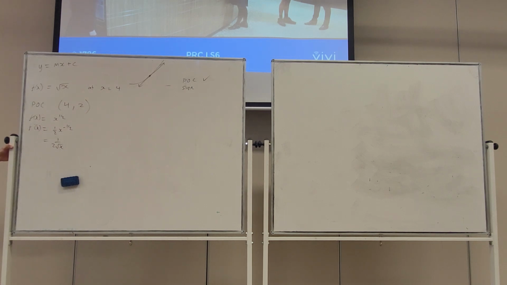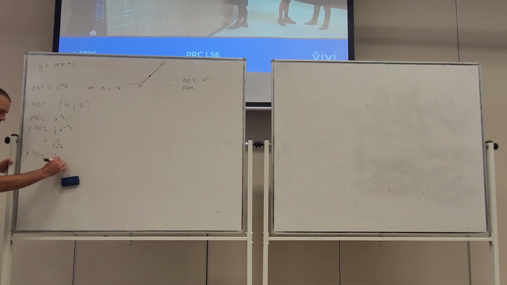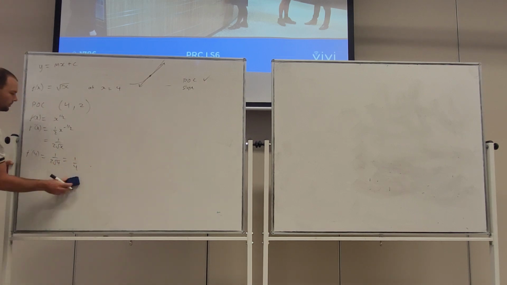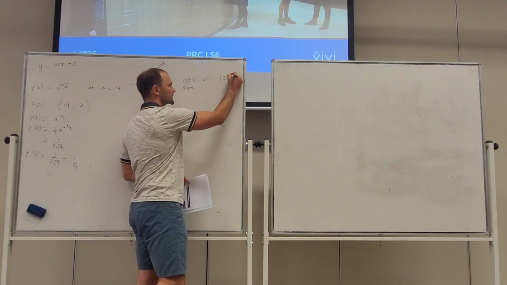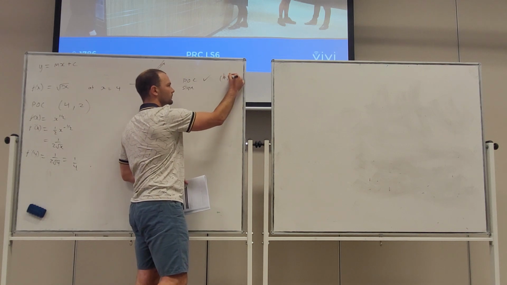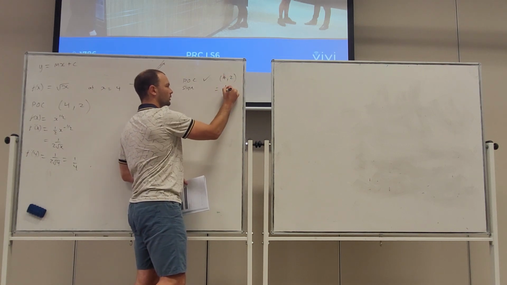All right, and we want to know the slope at the point of contact. When x is 4, what's f dash of 4? It's going to be 1 on top of 2 root 4. Okay, that's 1 on top of 2 times 2. That's 1 on top of 4. Okay, so we've got the point of contact. x is 4, y is 2. We've got the slope, 1/4.